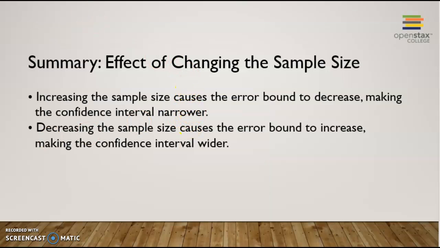And here's your summary. Increasing the sample size causes the error bound to decrease, making the confidence interval narrower. Decreasing the sample size causes the error bound to increase, making the confidence interval wider. Okay, so that is the effect you've got changing the sample size.